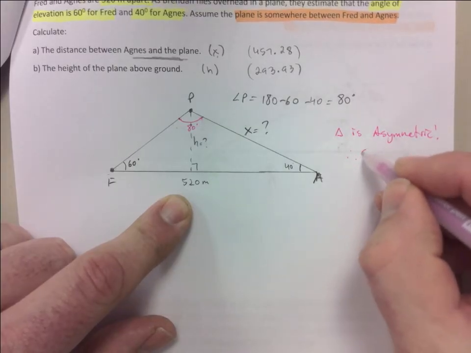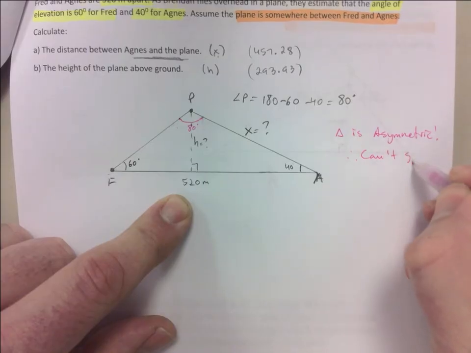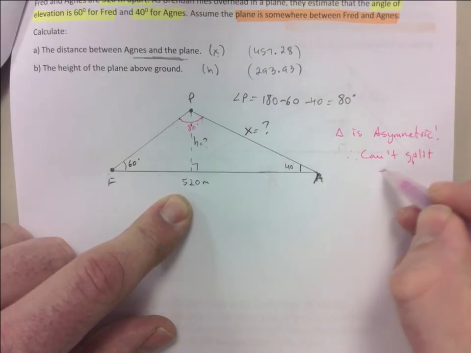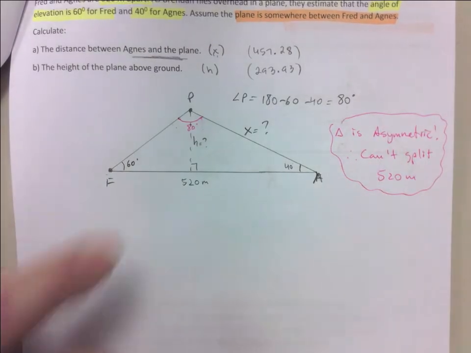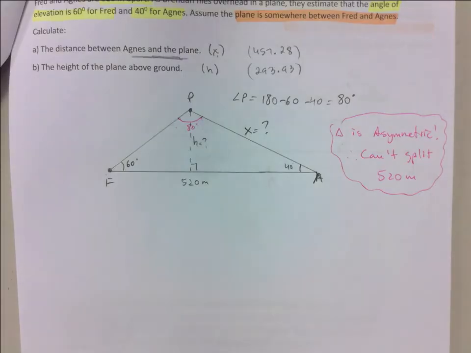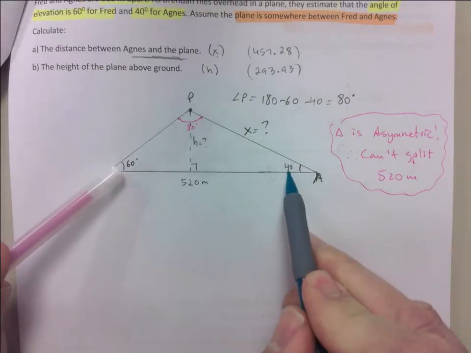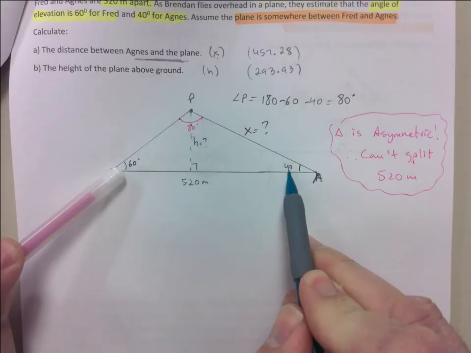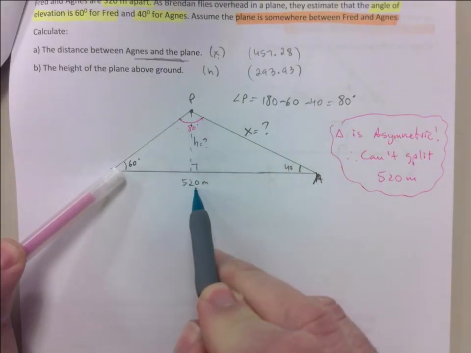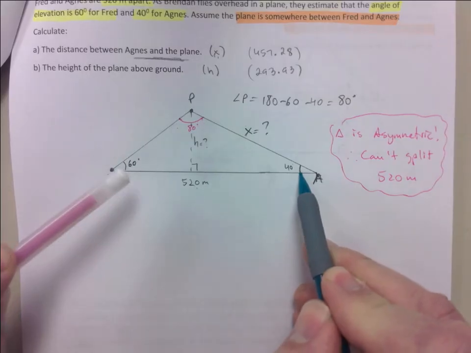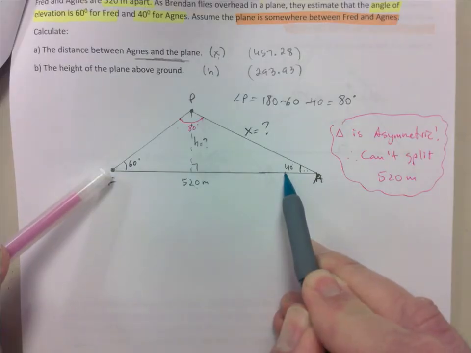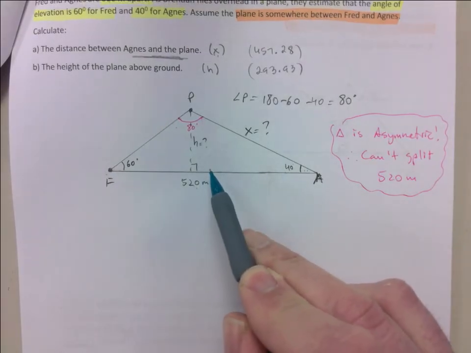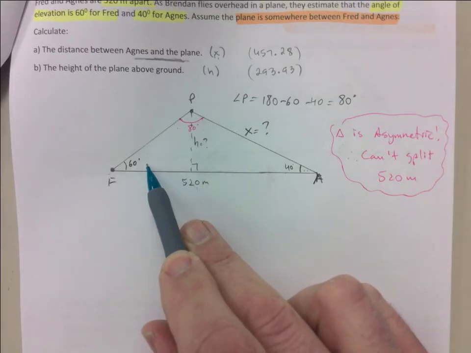Therefore, you can't split the 520 meters. Okay, that's just an aside. If you're tempted to do that, don't go for it. If these two angles had been the same, then you can split the 520 in half, because you know that both of these are the same distance apart from the middle, right? The height is essentially the middle, but here it's not, okay?